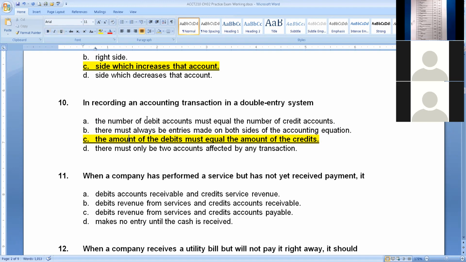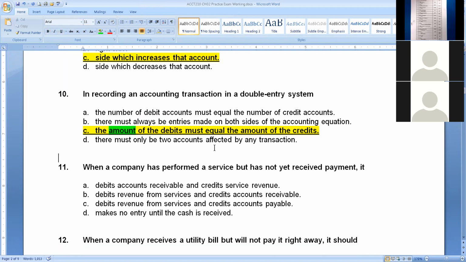It is possible to have 3 accounts or 4 accounts, whatever it is, but the debits have to equal the credits. So the amount of debits must equal the amount of credits.